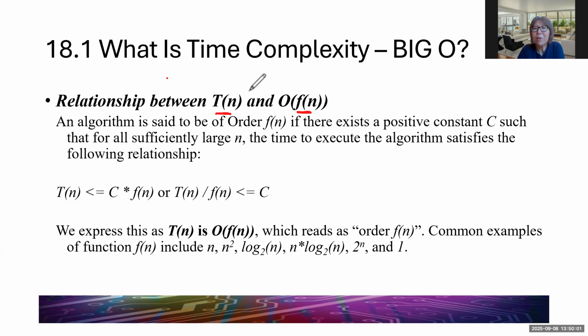So what's the relationship between these two so that we can come up with the general time complexity for a certain algorithm? So the idea is that the algorithm is said to be order Fn, and we read it as order Fn.